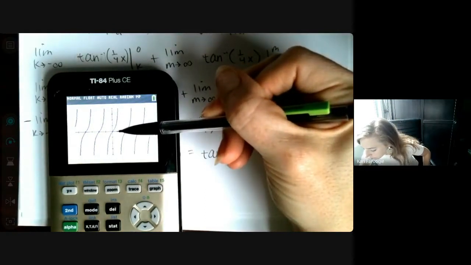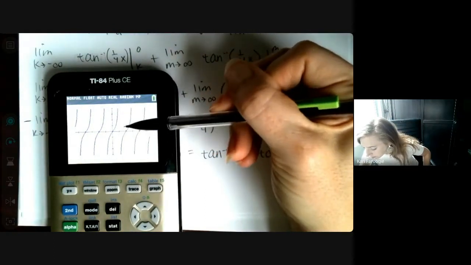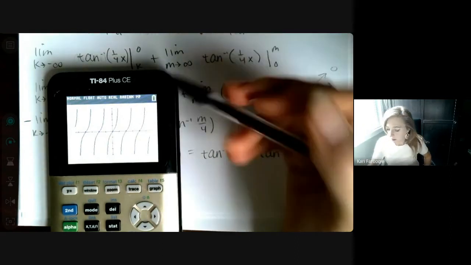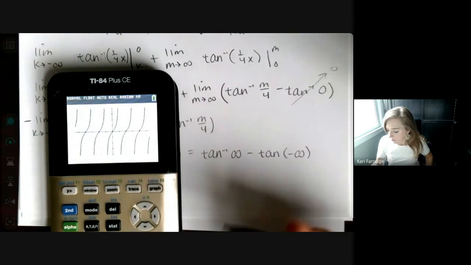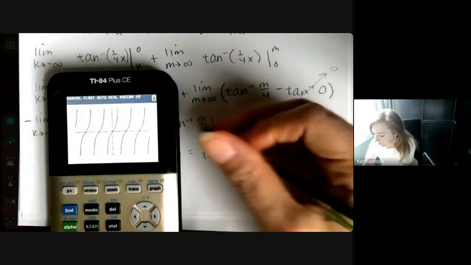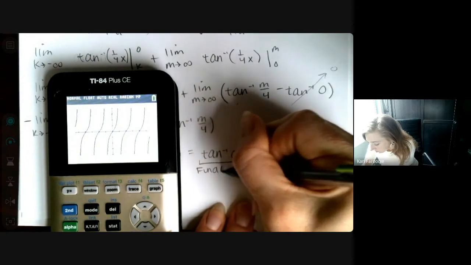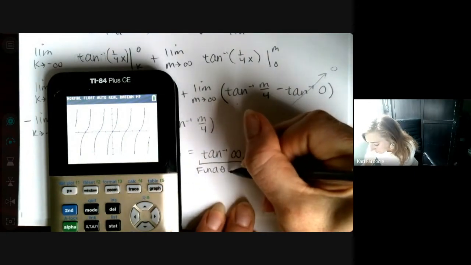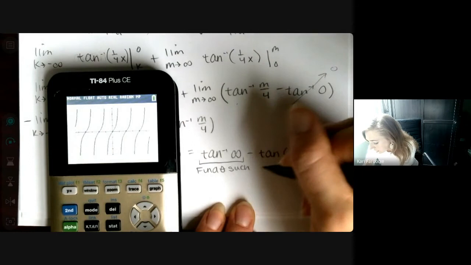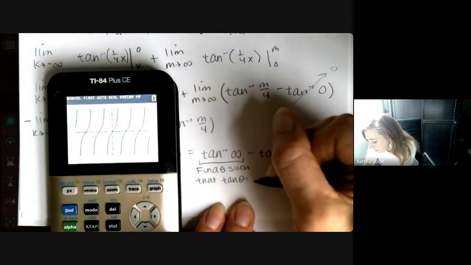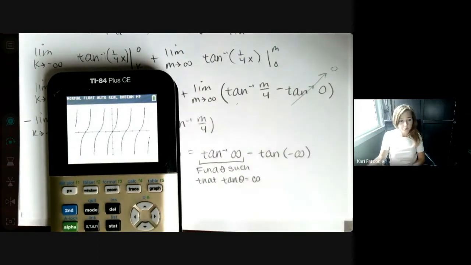Your first tick will be pi over 2, and then of course pi, 3 pi over 2, 2 pi. This is your tangent function. So if you're looking for theta, so this is like find theta such that tan theta is infinity. This is what you're looking for.